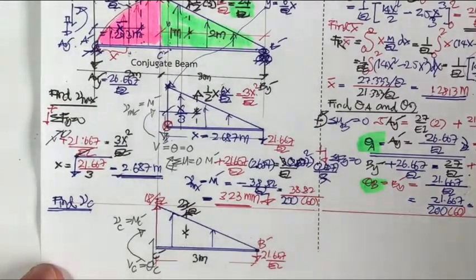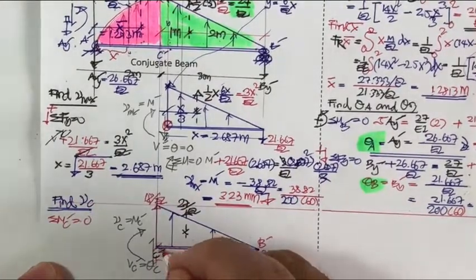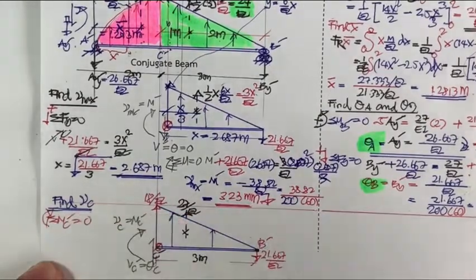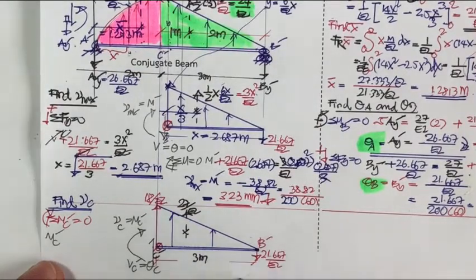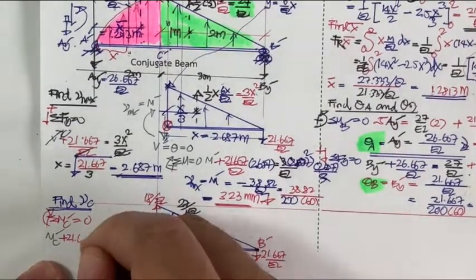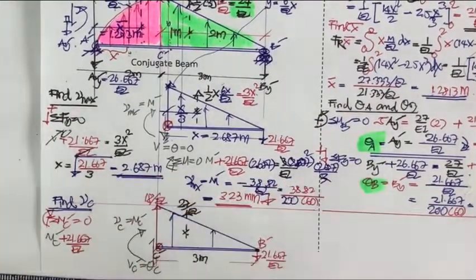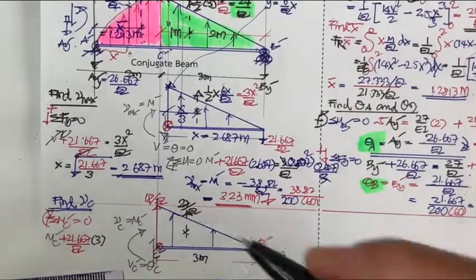So by the way, we have the summation of M sub C prime equal to 0. Take the moment here, so this one is gone, and then we have M sub C prime here, so the rotation here is positive. We have M sub C prime, and this one is the same rotation, plus 21.667 divided by EI, and it's going to be times 3 meters.